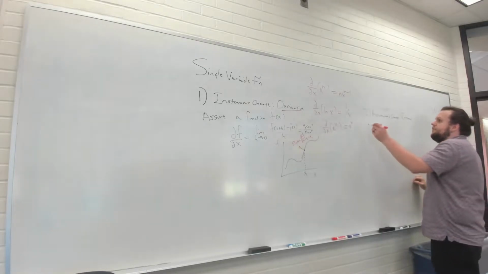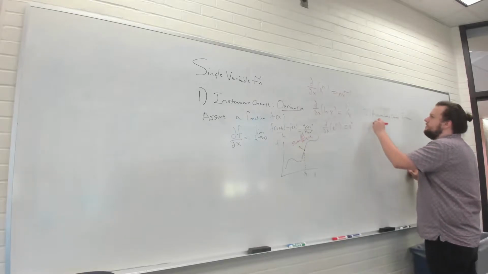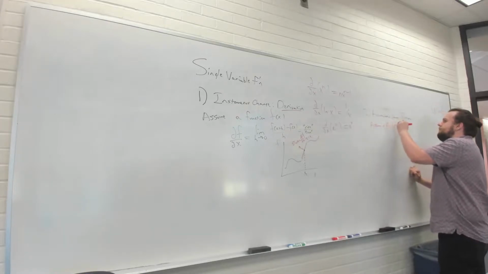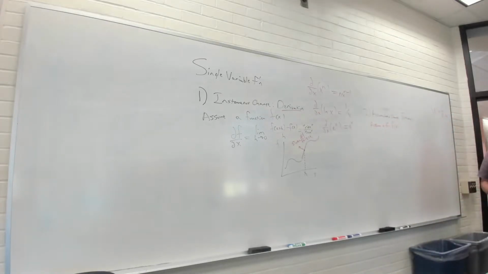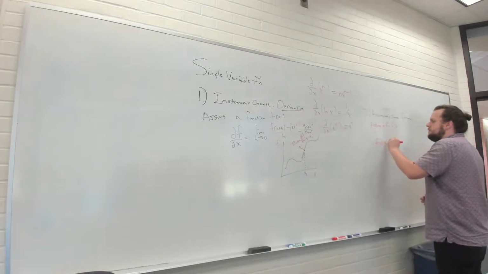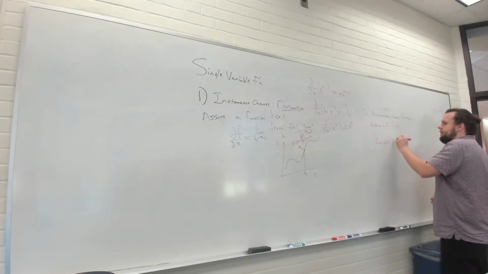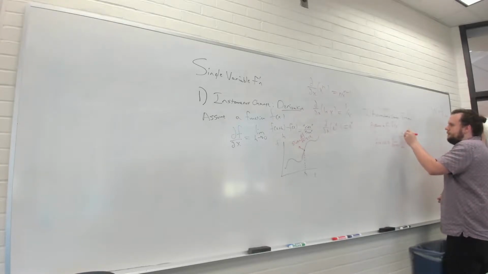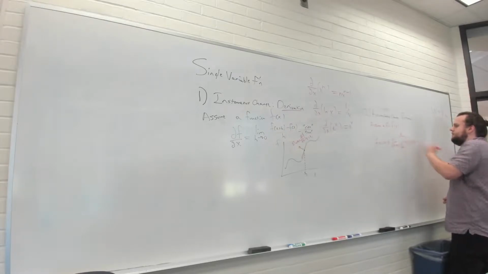The definition of an integral roughly is that, assuming a function f of x, the integral of f of x dx is equal to the limit as delta x goes to 0, roughly, of the sum of f of x sub i, with i equals 0 to some limit n, times delta x.